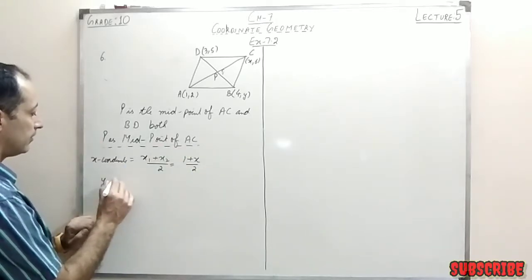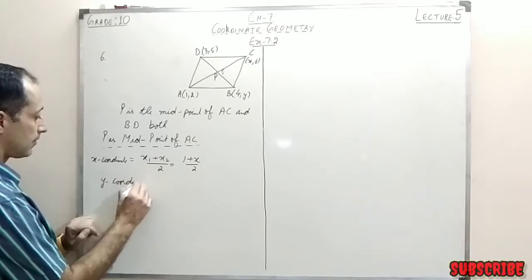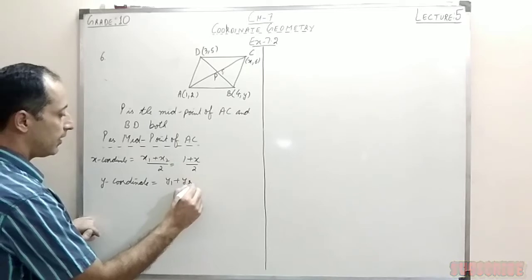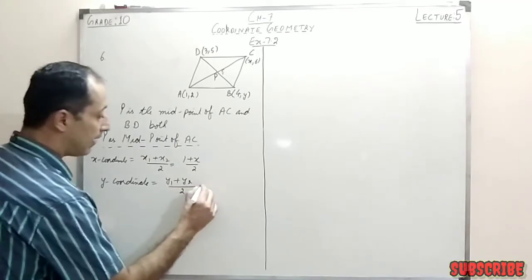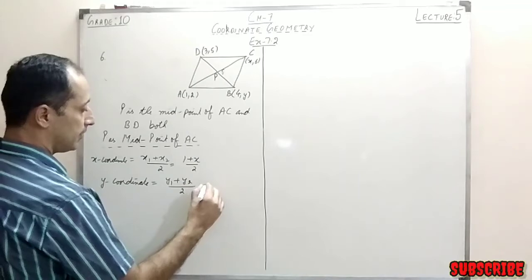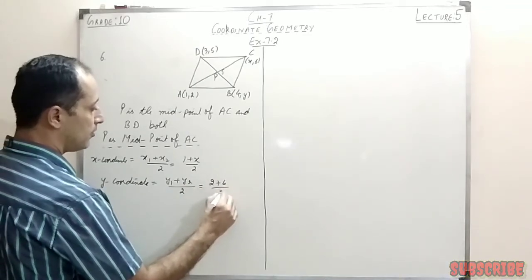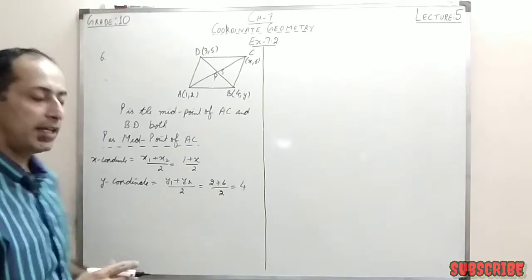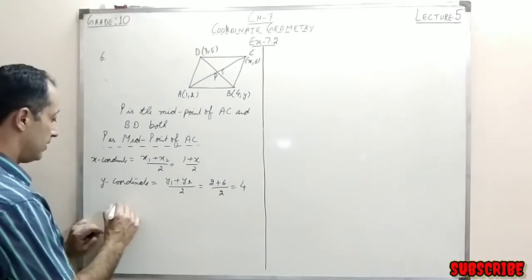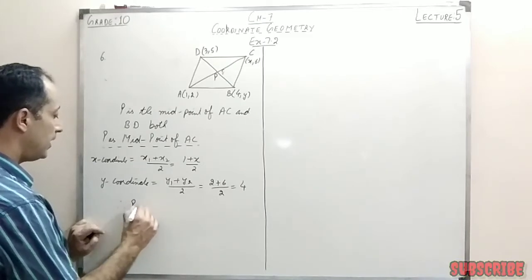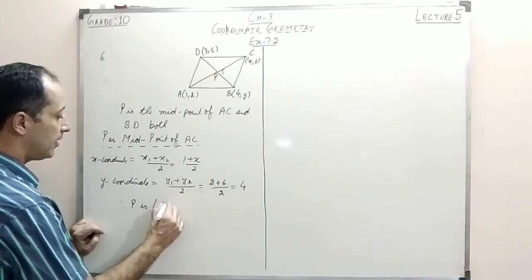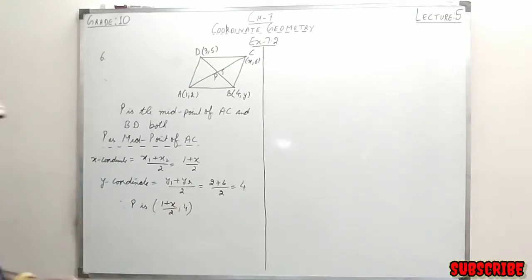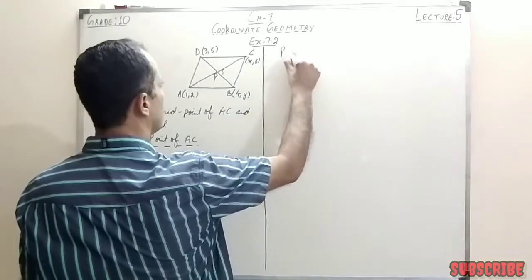Similarly, the y coordinate will be y1 plus y2 upon 2, which is 2 plus 6 upon 2, so that is 4. It means if P is the midpoint of AC, then P is (1 plus x by 2, 4).